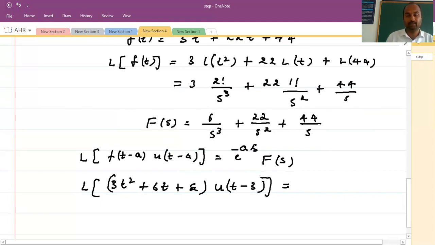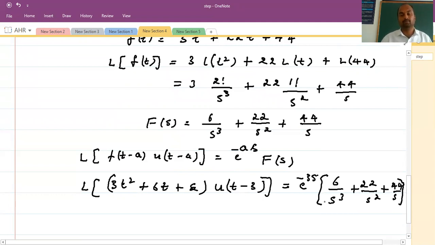Since u of t minus a gives e power minus as, t minus 3 means it will be e to the power of minus 3s into f of s, that is 6 by s cube plus 22 by s square plus 44 by s. So this completes the Laplace transform of the given function. Thank you.